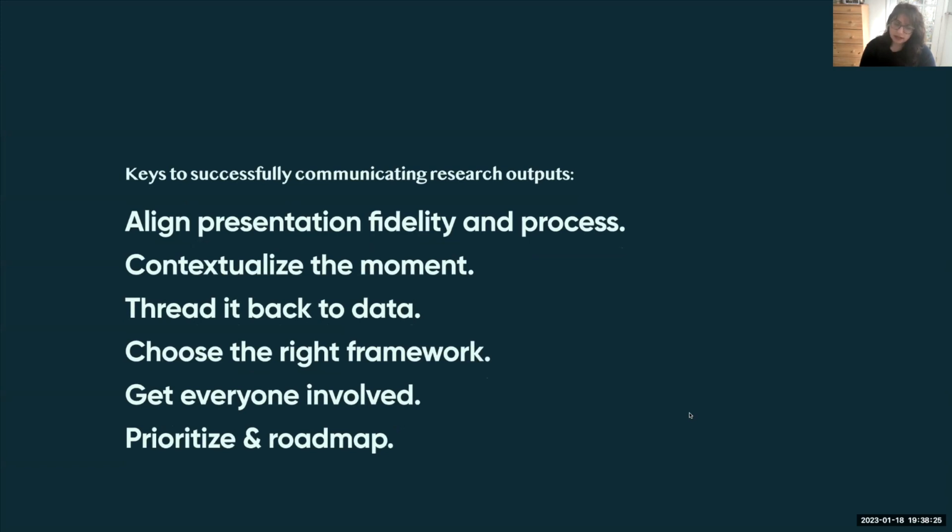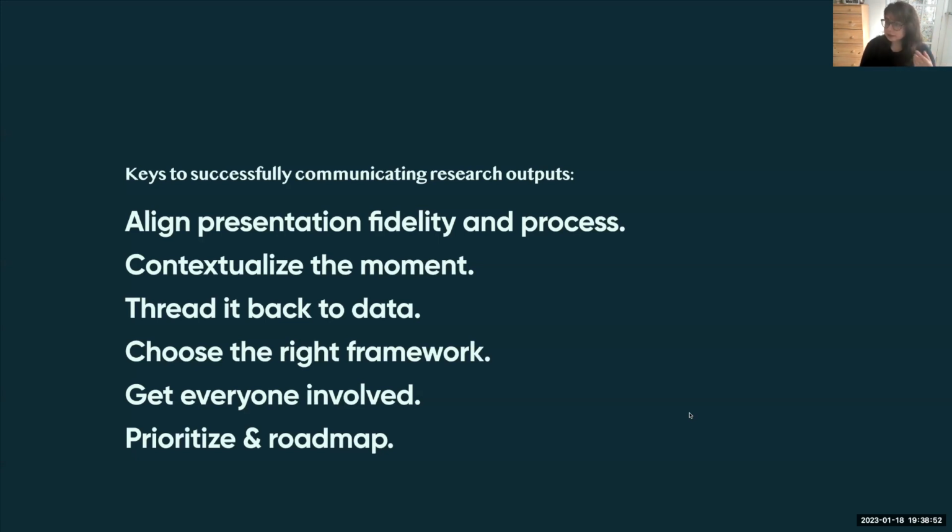And then finally, prioritize and roadmap. So pushing beyond just ending at insights as researchers, we want to make sure that we're involved in the conversations around what do we do about this. So pulling up insights into the road mapping conversations, making sure that our recommendations take into account business constraints, not wanting to present things to people that we know can't happen.